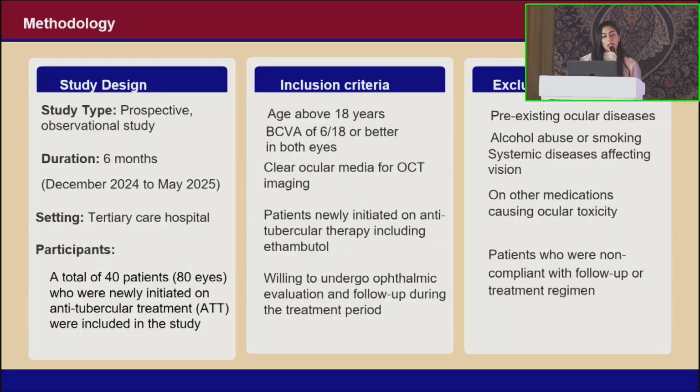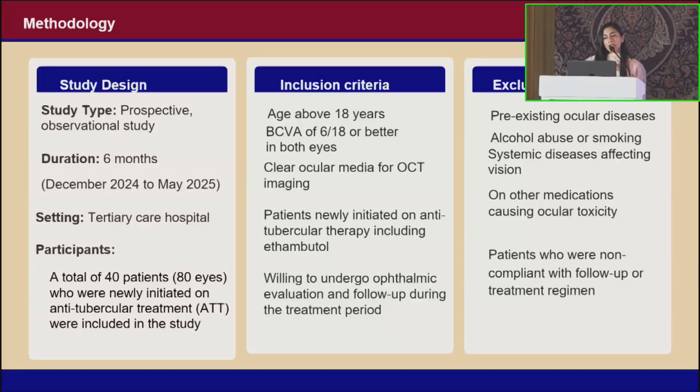It was a prospective observational study for a duration of 6 months in a tertiary care hospital, where a total of 40 patients, 80 eyes, were included who were initiated on ATT which included ethambutol. The inclusion criteria were age above 18 years, best corrected visual acuity of 6/18 or better, patients who were newly initiated on ATT and who were willing to undergo ophthalmic evaluation.